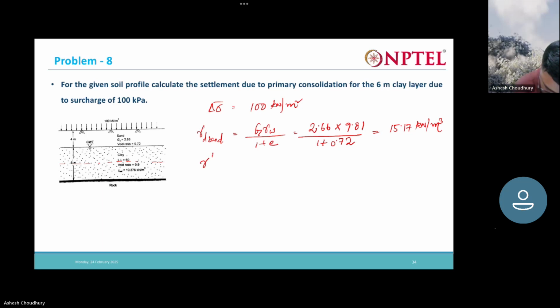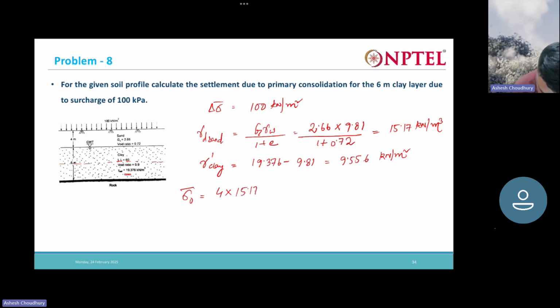Now clay. For clay, the saturated unit weight is given, so I just find out the submerged. Now I can find out the initial effective stress. It will be 4 times the dry unit weight of sand plus 3 times the submerged unit weight of clay.